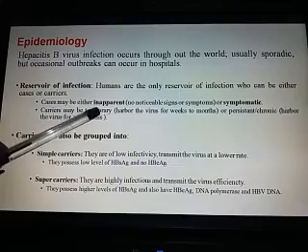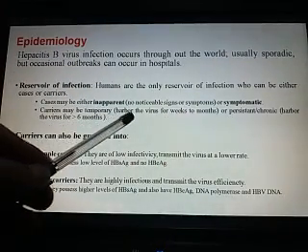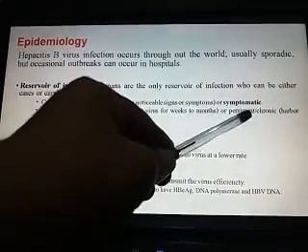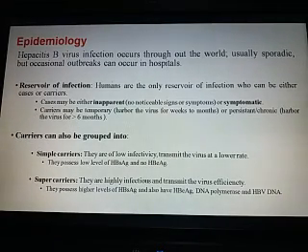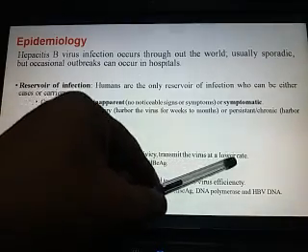Cases may be inapparent or symptomatic, or the carrier may be temporary, where the virus is present for weeks to months, or persistent or chronic, where the virus is present for more than 6 months. Carriers can also be grouped into two groups: simple carrier and super carrier. Simple carrier means low infectivity, transmitting the virus at a lower rate.